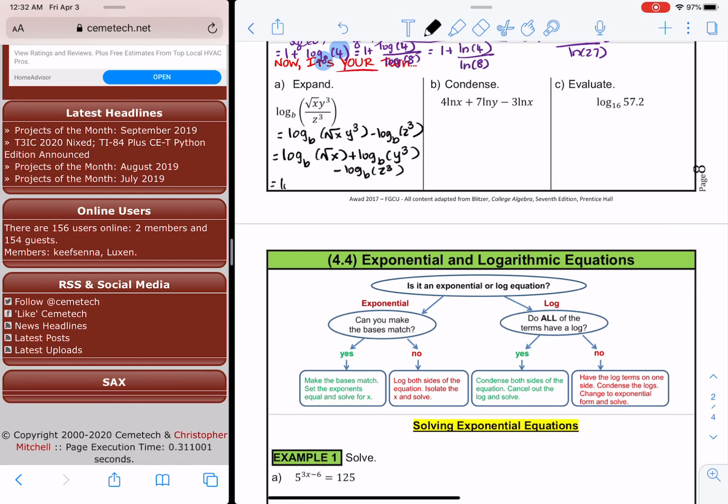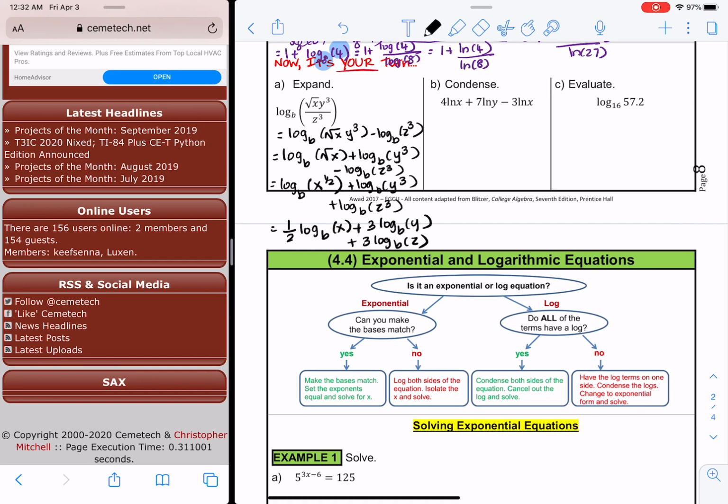I can write square root of x as x raised to 1 over 2, plus log base b of y cubed minus log base b of z cubed. The powers come to the front, so we have 1 over 2 log base b of x plus 3 log base b of y minus 3 log base b of z.